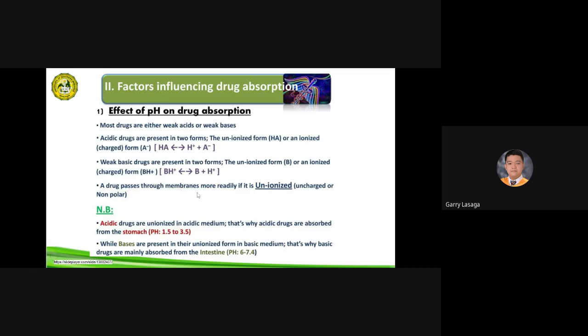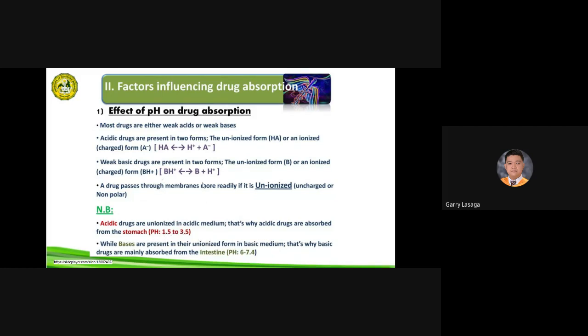So a drug passes through the membranes more readily if it is unionized, uncharged, or nonpolar. Acidic drugs are unionized in acidic medium. That's why acidic drugs are absorbed from the stomach. The stomach normally has an acidic pH, a pH of 1.5 to 3.5.